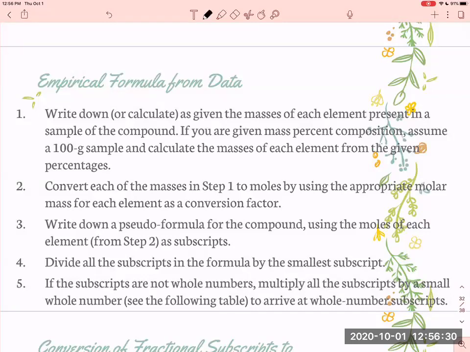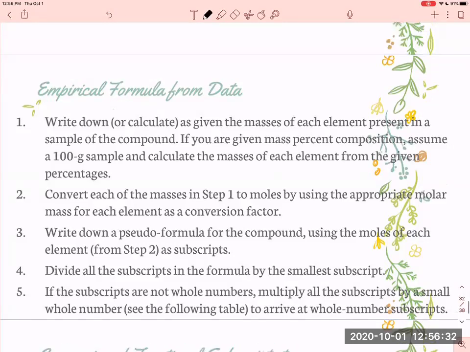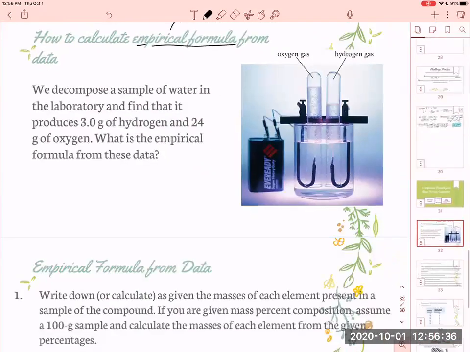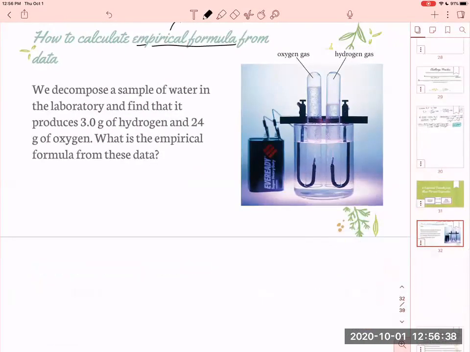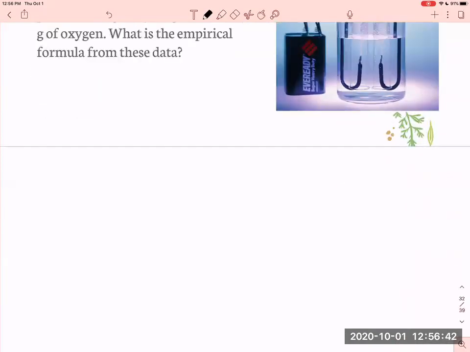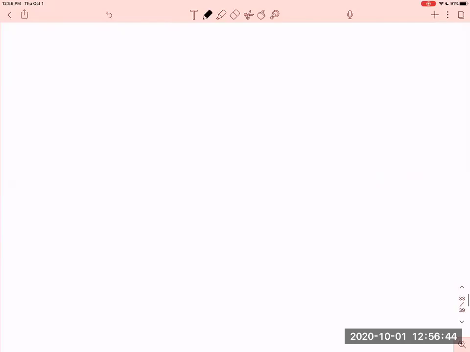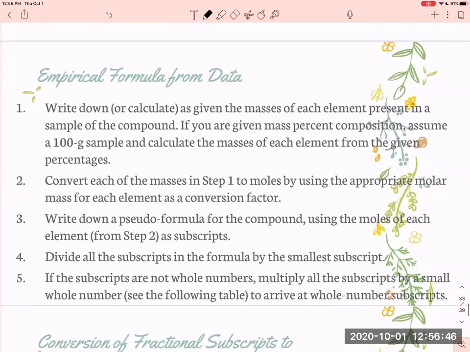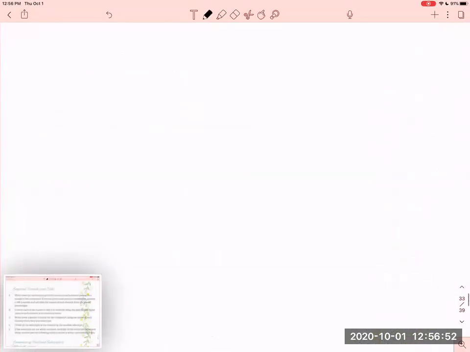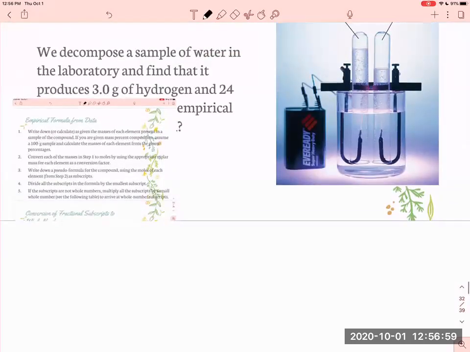I'm going to follow these steps to solve this problem and show you how we can do so. Following these steps, I'm going to go back and forth between the steps and the problem. Let's move the steps into here.